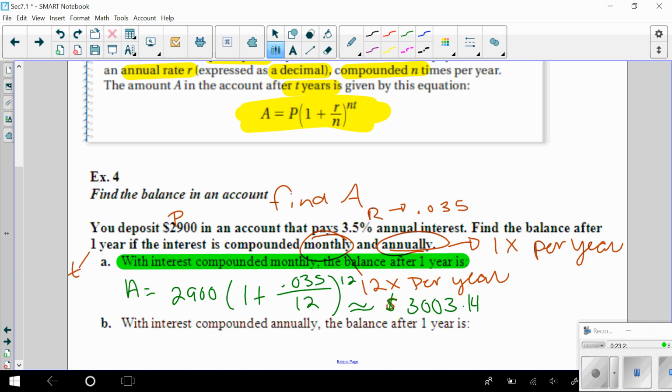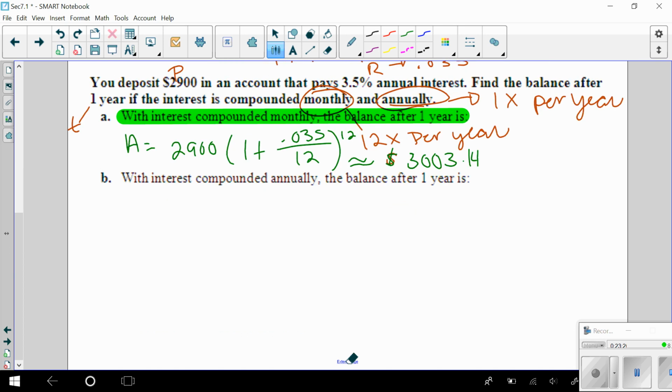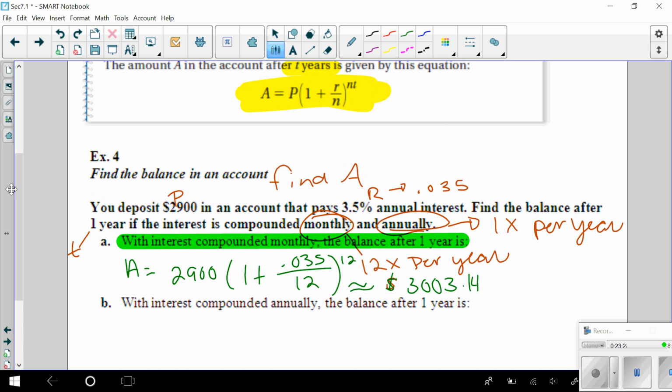Now when my interest is compounded annually, my formula is going to change just a little bit because I'm not going to have that 12 for N. So after 1 year, I'm going to have 2,900 times 1 plus 0.035 over compounded 1 time per year. And after 1 year, I'm just going to bring that to the first power because my N is 1 and my T is 1.